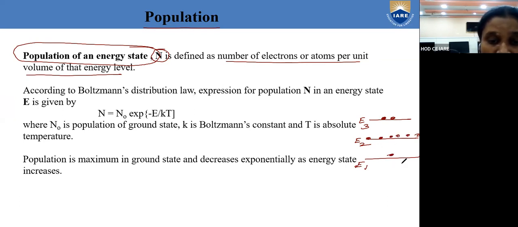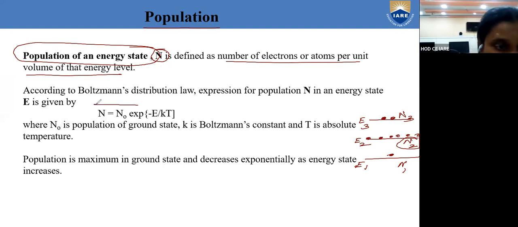The population of E1 I represent by N1, of E2 by N2, and of E3 by N3. Which one is more? Obviously N2 is more, so the population of E2 is more. So the number of atoms present per unit volume of an energy level is the population of that energy level.